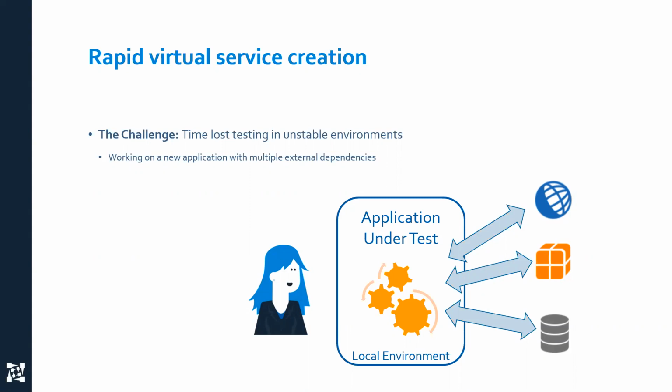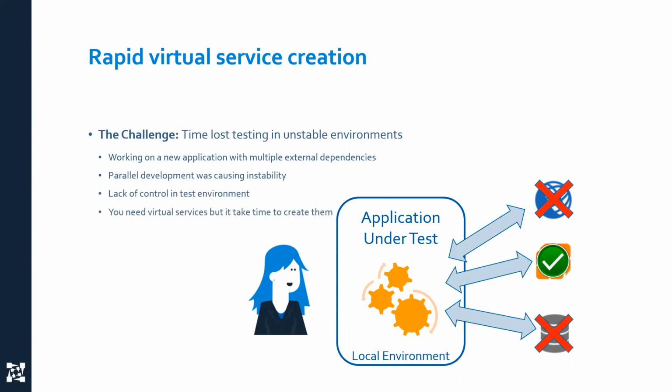And so by being able to identify those areas, be it a back-end component or something that's rapidly evolving, you need to be able to rapidly create a virtual service to support that.